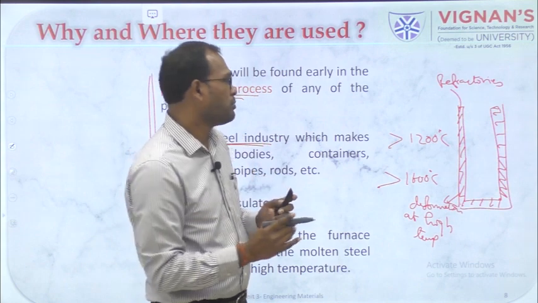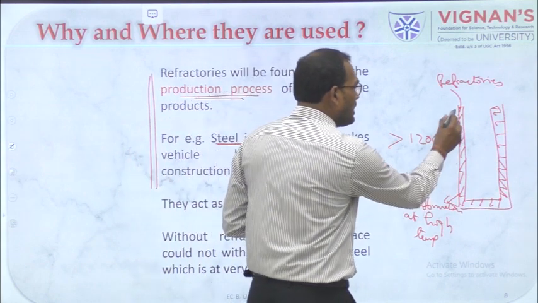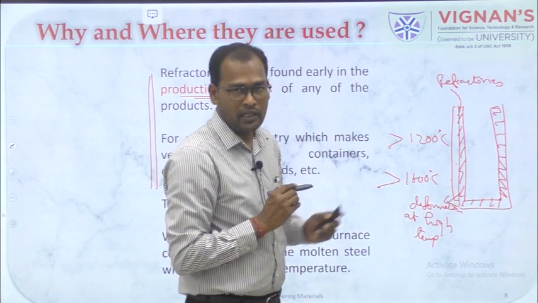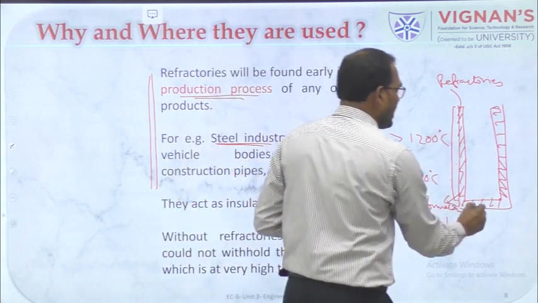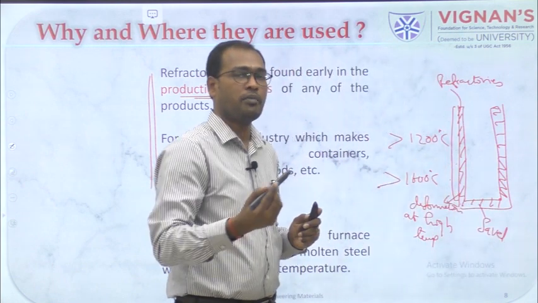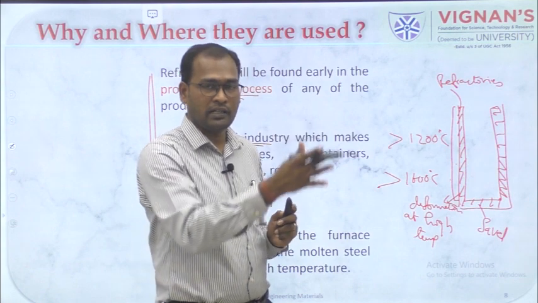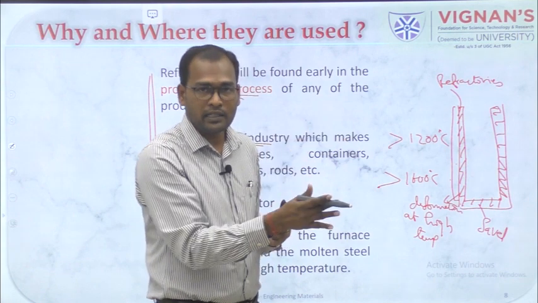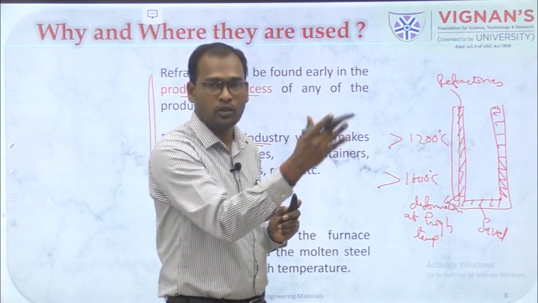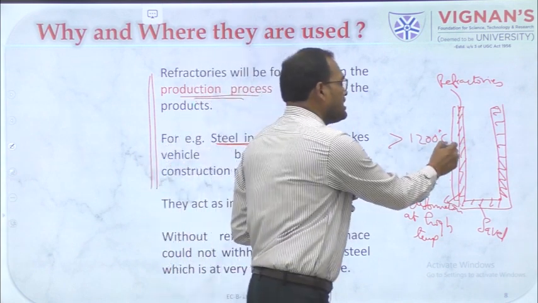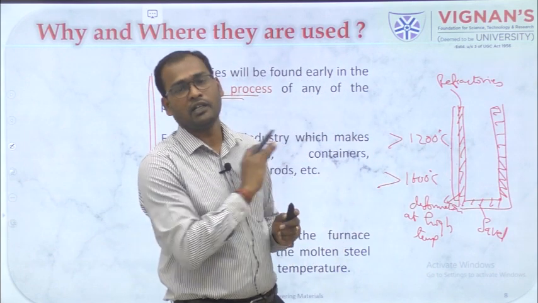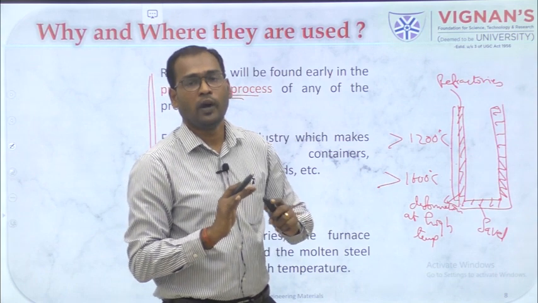Because of this insulation property, the heat will not reach the outer surface of the furnace, so that the furnace can be saved. Whatever temperature you are going to heat, since the refractory is there, it acts as an insulator and stops the flow of heat from the core to the outside, thereby saving the furnace. So this is where this refractory material is used widely.